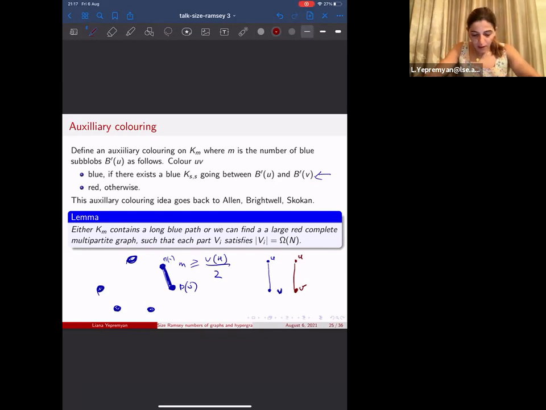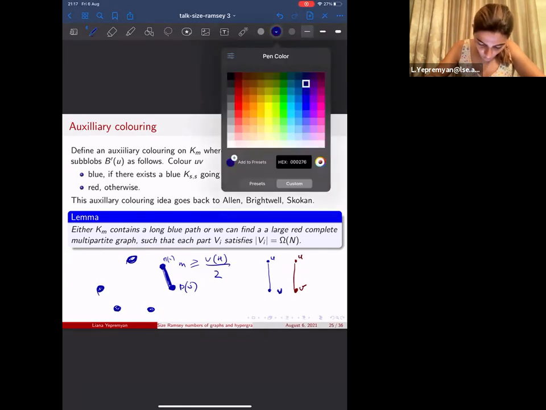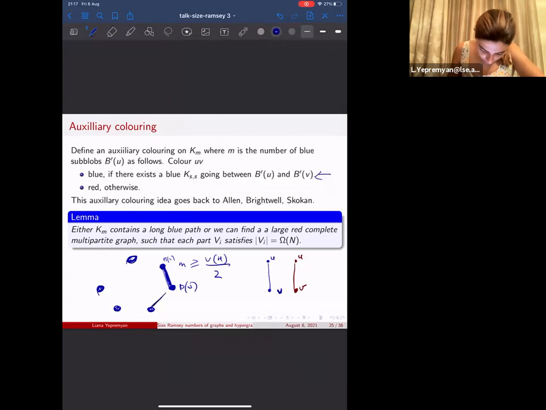This auxiliary coloring idea goes back to Peter Allen, Brightwell, and Joseph Skokan. And the main lemma that's used using this auxiliary coloring is the following. Either the complete graph K_M is going to contain, after this coloring, a long blue path. What would it mean if we find a long blue path? It would literally just mean that we can basically find our path the way we want it.